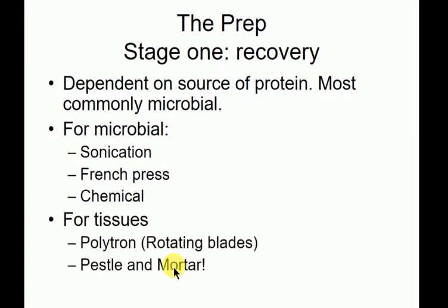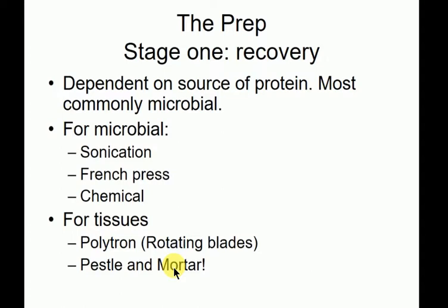Tissues, right? Remember I was mentioning you might be the guy who goes down to the abattoir, takes the beef heart, and decides you want to work on a protein from beef heart. Well, what are your options there? The polytron, which is essentially a blender, will break those tissues up into cells. Or, and this is the way my friend used to do it, pestle and mortar.